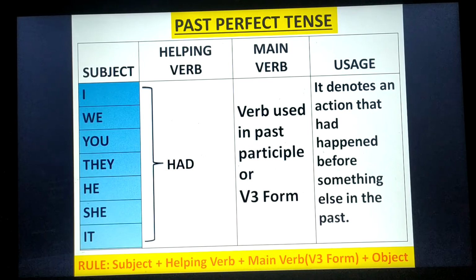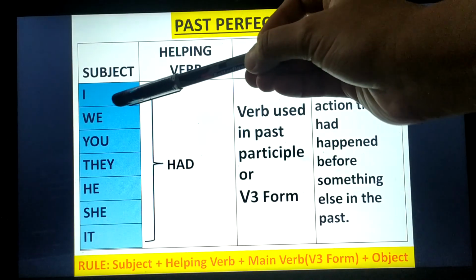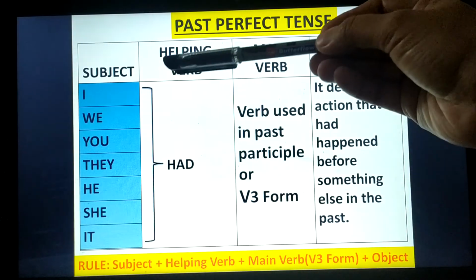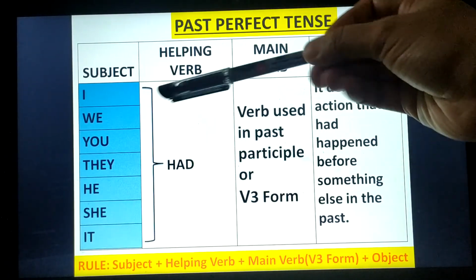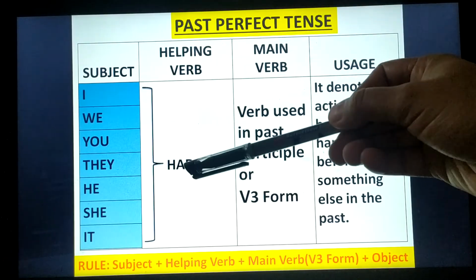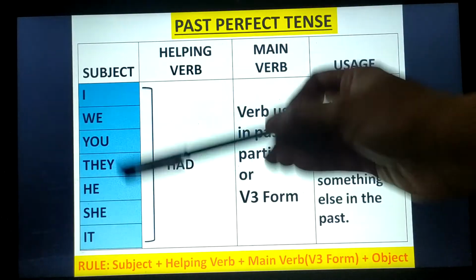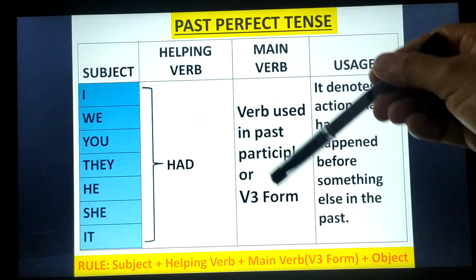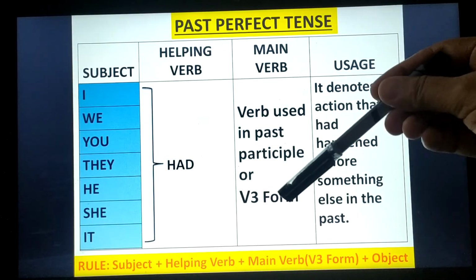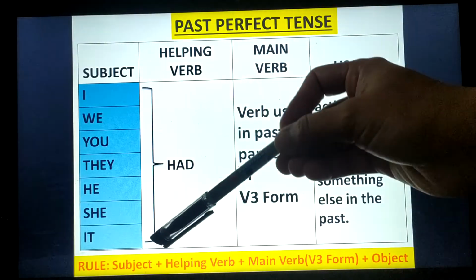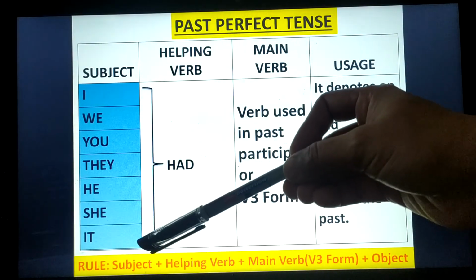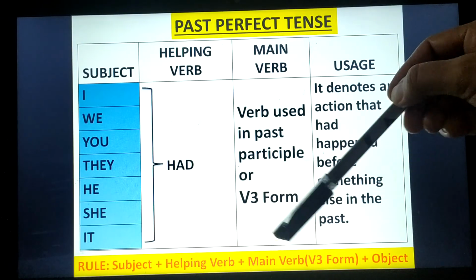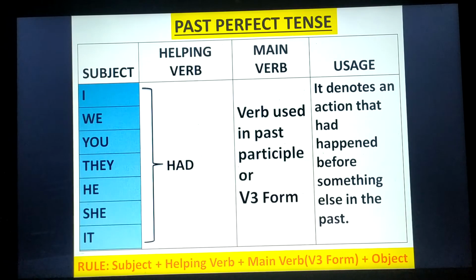So here you can see that for subjects we have I, we, you, they, he, she, it, and the helping verb is the same for all subjects, and the main verb here will be the verb's third form, right? And the rule is, first we make it with the help of subject, helping verb, main verb, means verb's third form, and object, right?